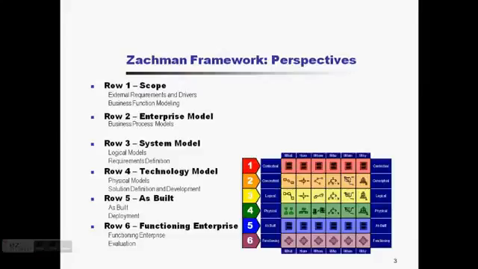For an enterprise employment of the framework, row 6 represents the functioning enterprise, and the end result of the architecture purpose. In other words, the end objective is to ensure that row 6 represents what the owners have in mind for the enterprise represented in row 2. Row 6 is the realization of row 2, basically.